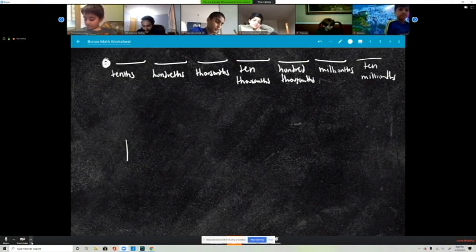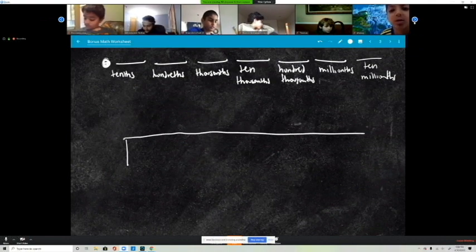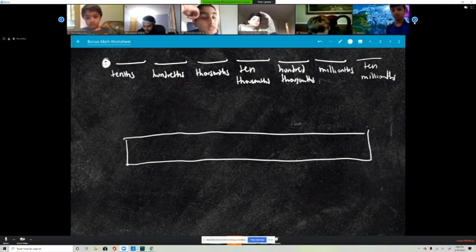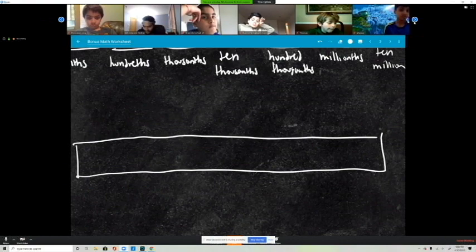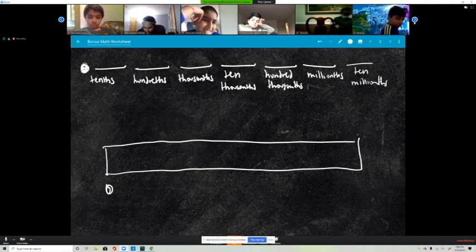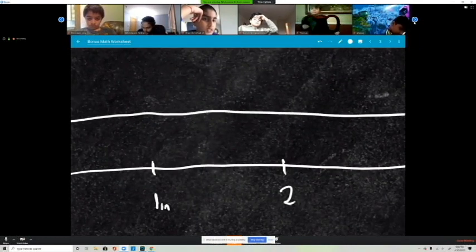Anyway, everyone's seen a ruler, yes? Now, let's just say this is part of the ruler. This is 1 inch from 0. From 1 inch to 2 inches.